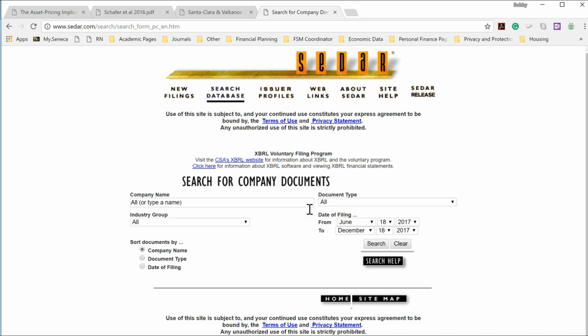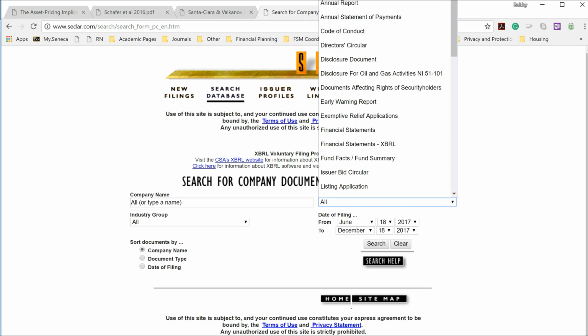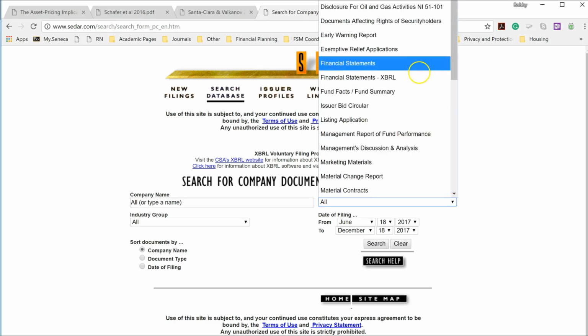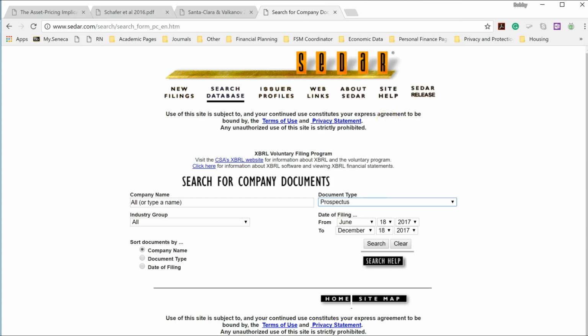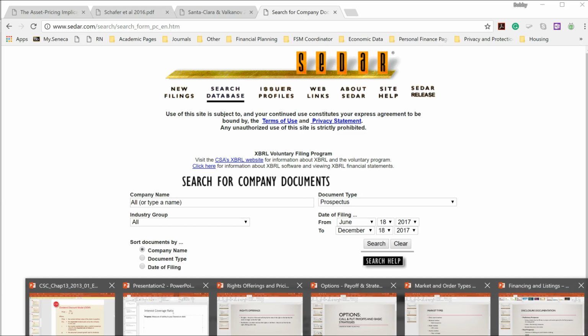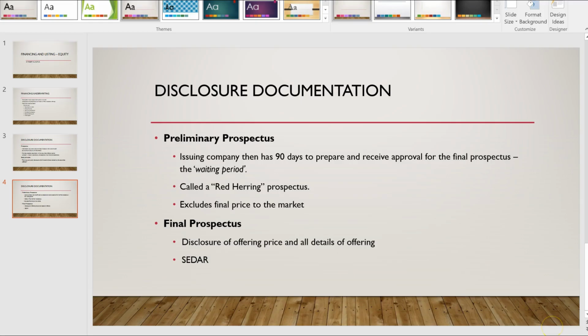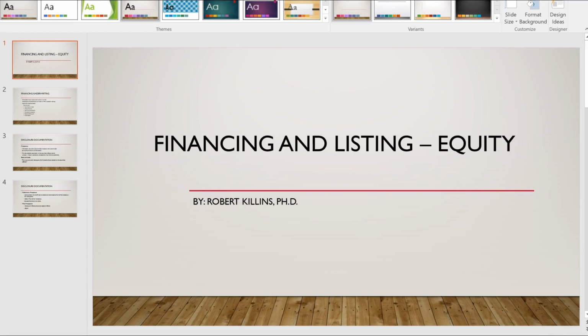You can look up a company or a common IPO that you might have heard of in the recent past. You can look at not only the prospectus, but other different documents if you want. If you go to the prospectus, you can walk through it and understand the details of that prospectus. So that's a walkthrough of the offerings within this seminar.